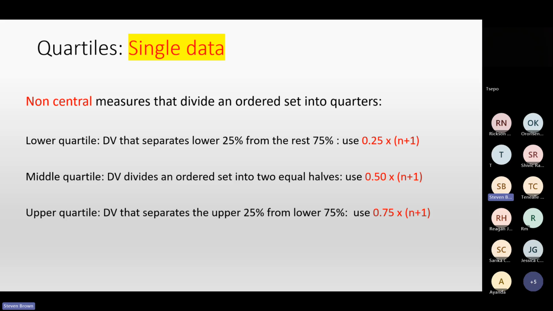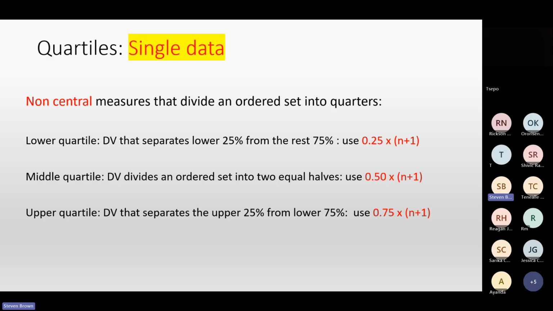Now, first of all, what is a quartile, and what does it mean? Unlike the median, which divides your data into halves, the lower quartile or first quartile and the third quartile divide your data into 4 equal chunks, okay? So the first quartile is the first 25%.